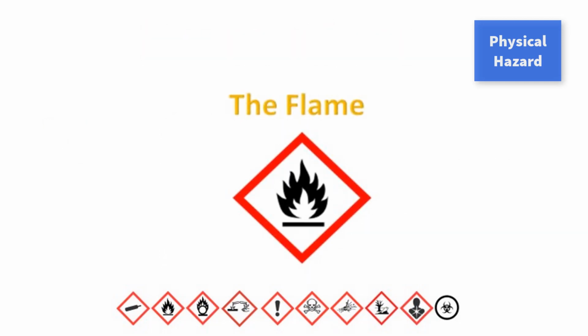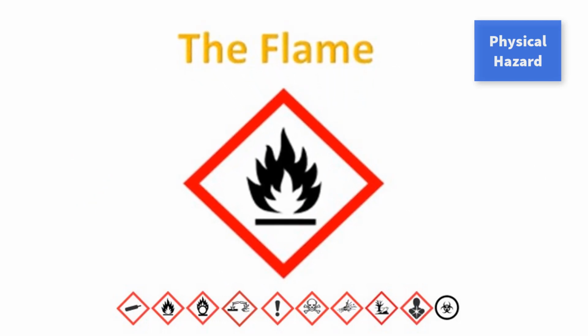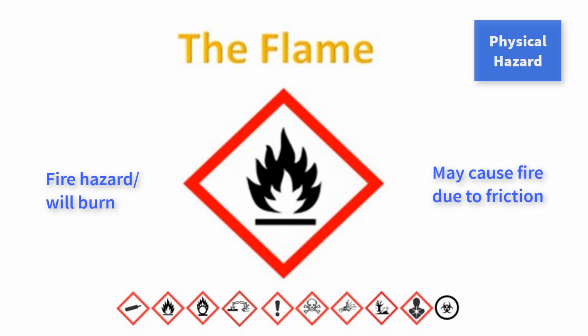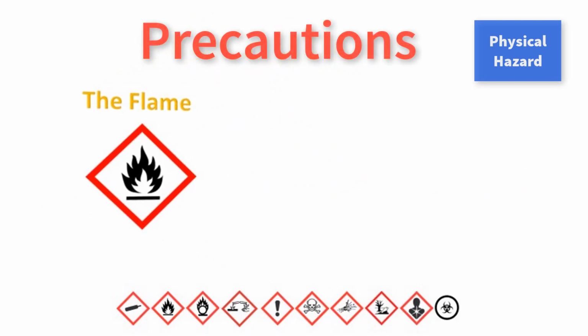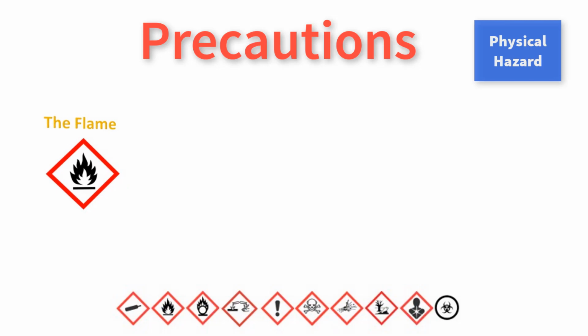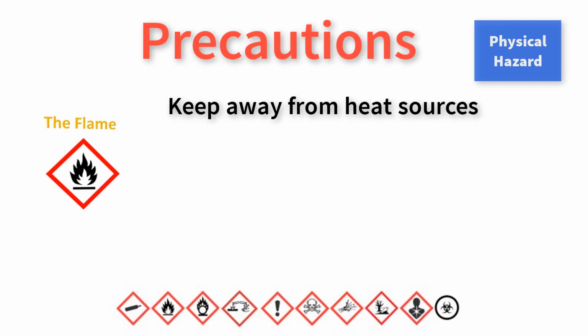The next pictogram is the flame. This symbol is a physical hazard communicating that the material is a potential fire hazard and will burn, as well as may cause a fire when exposed to heat, sparks, or flames as a result of friction. Precautions to take when handling flammable materials are to keep the substance away from heat sources and other combustible materials.